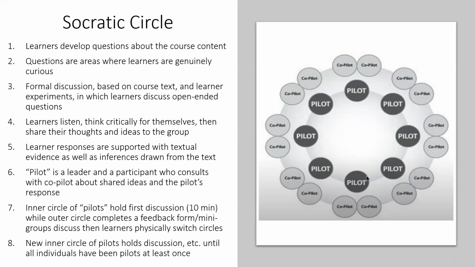So you have 2 circles. You have the middle circle with the pilots and the outside circle, you have the co-pilots. Now the pilots are the leaders of the conversation at the time. And when they are ready to discuss, they turn around and discuss with their co-pilots what the entire discussion was about, okay? And then they switch places.